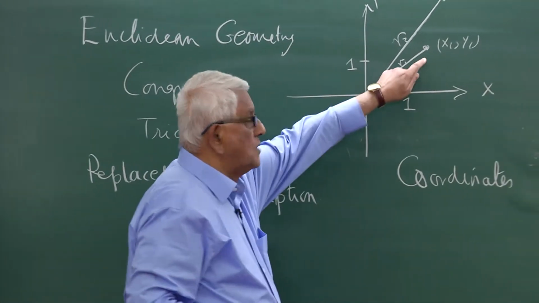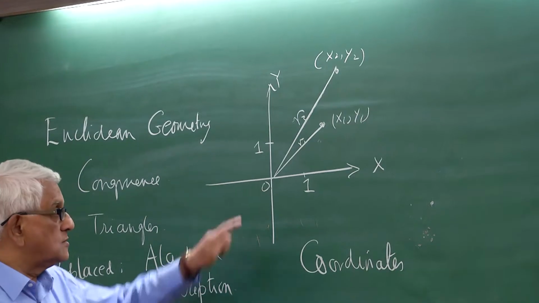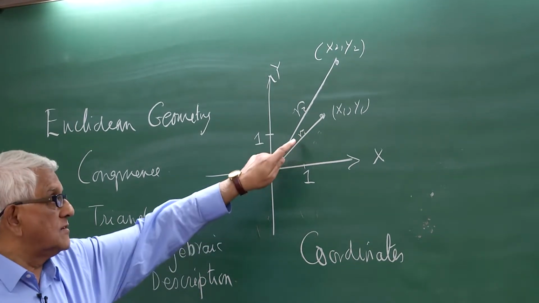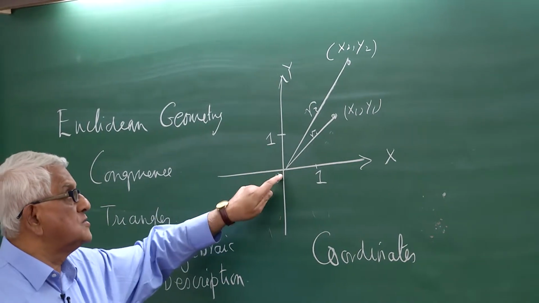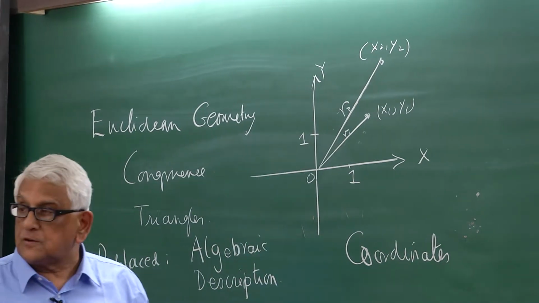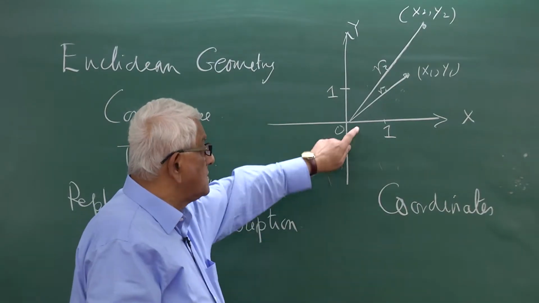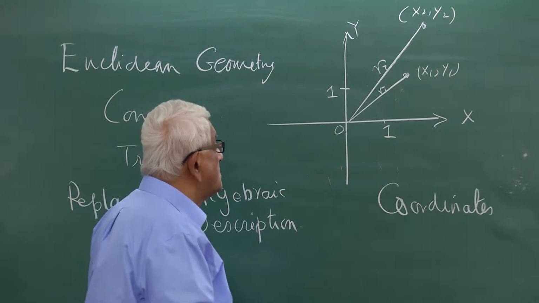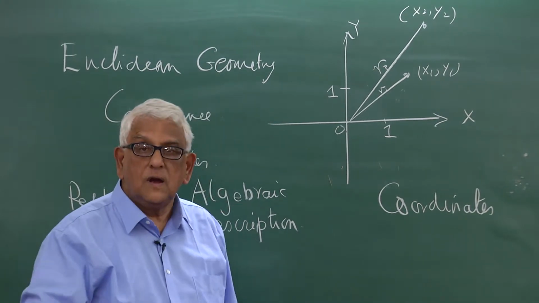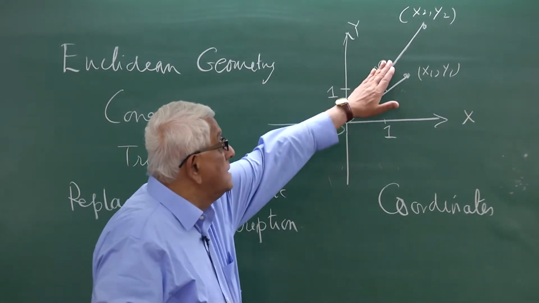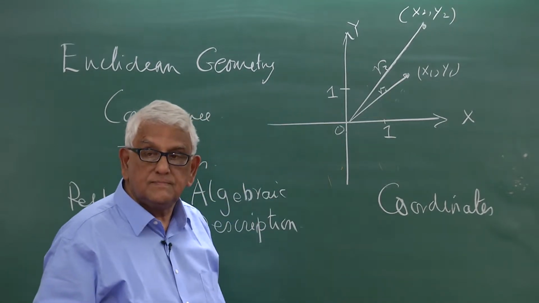It goes from 0 to x1, which has a direction, it is going from here to here, which is of length r1, and this goes from 0 to that point, which has length r2. But using coordinates, we could work out all the properties of a triangle formed by this system.